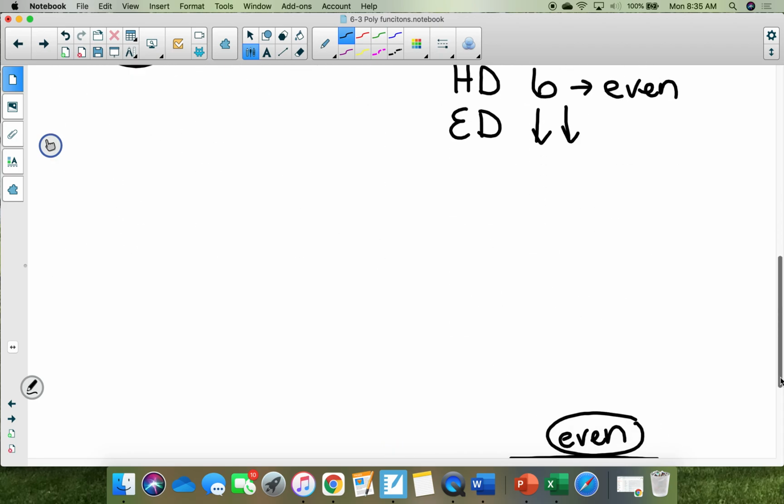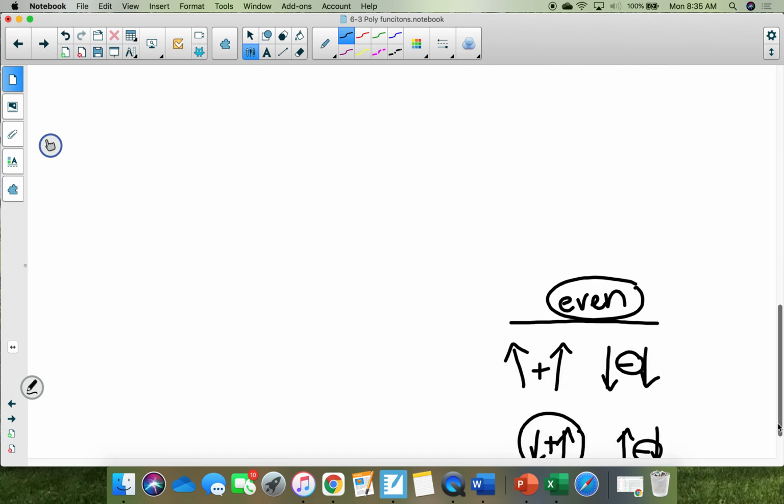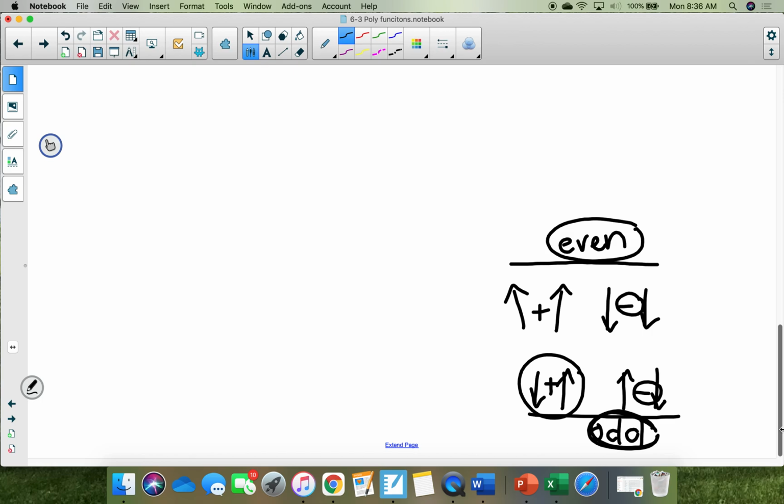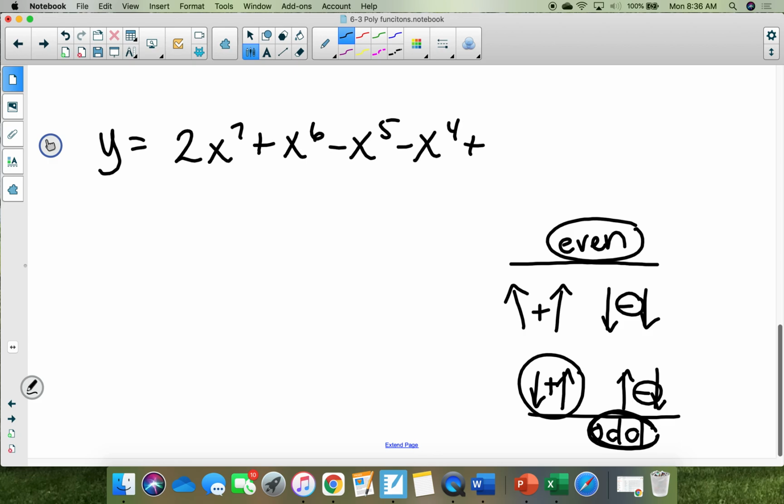Now let's do one more, and I think we are done. We'll put it right on here so you can see the chart. Y equals a -2. No, let's not. Let's make it a +2. X to the 7th plus x to the 6th minus x to the 5th. There you go. So, leading coefficient, highest degree, and end behavior.